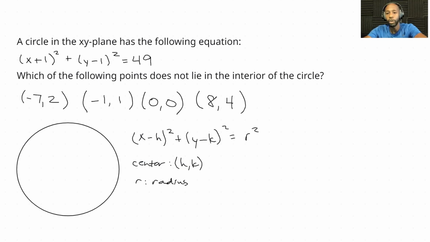So our radius here is the square root of 49, which is just 7.